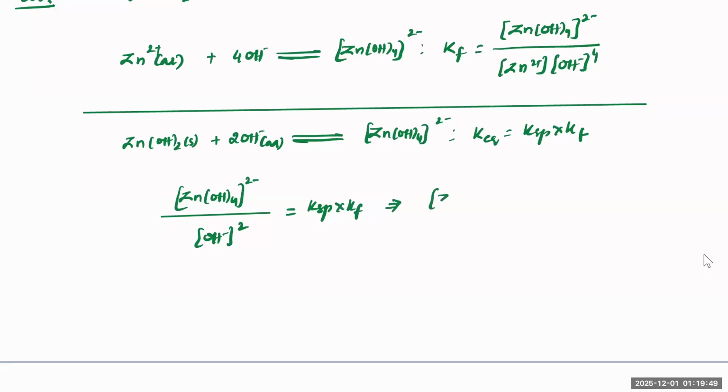That implies the Zn(OH)4 2 minus concentration is equal to Ksp into Kf into OH minus whole square.